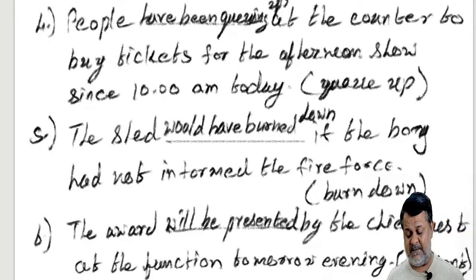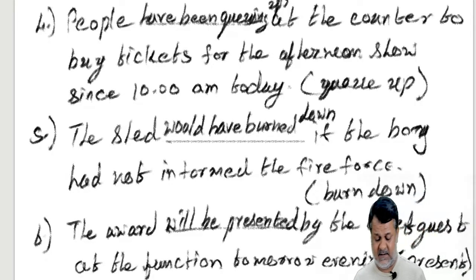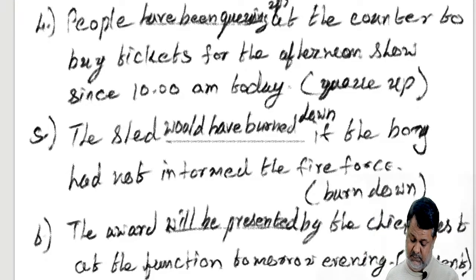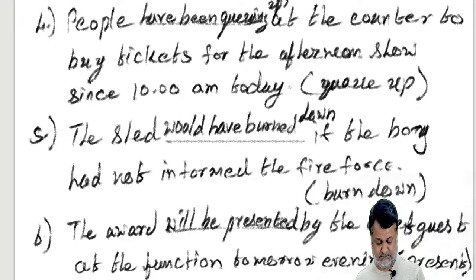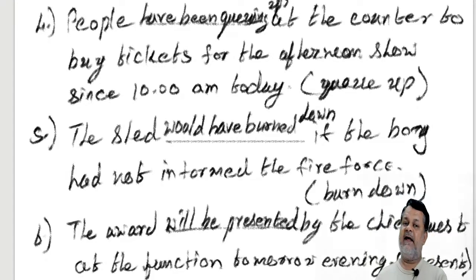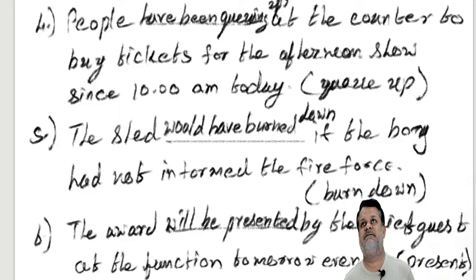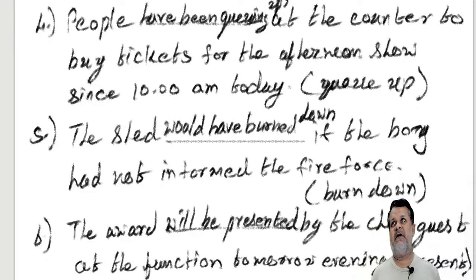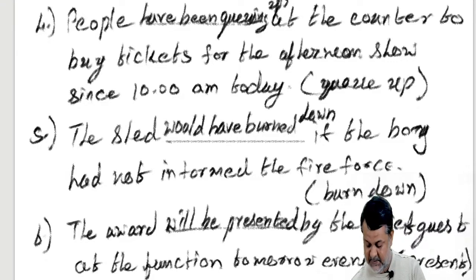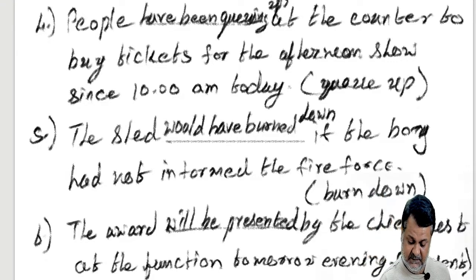So the next comes something called subject plus verb agreement. Subject plus verb agreement is something again that people confuse a little.